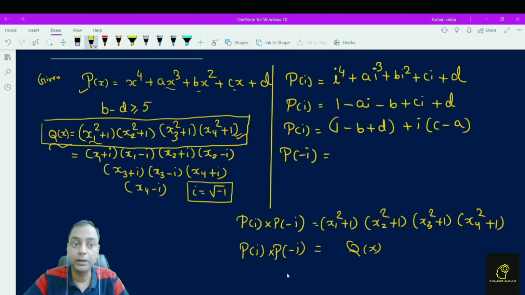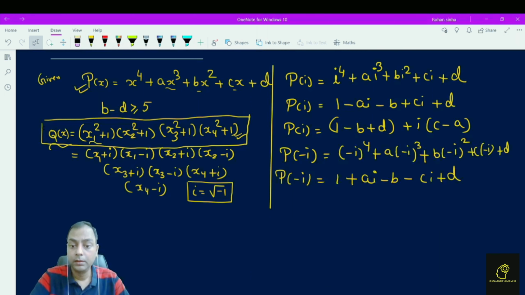And what about P(minus i)? Putting x equal to minus i in this equation, we find (minus i)^4 + a(minus i)^3 + b(minus i)^2 + c(minus i) + d. I^4 is 1, so this is 1.